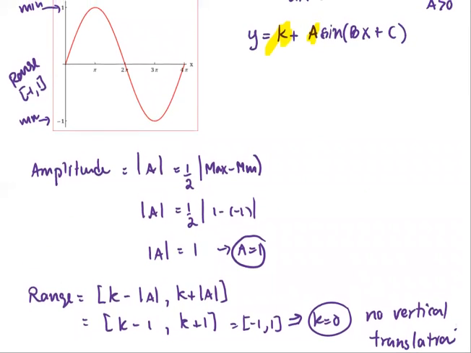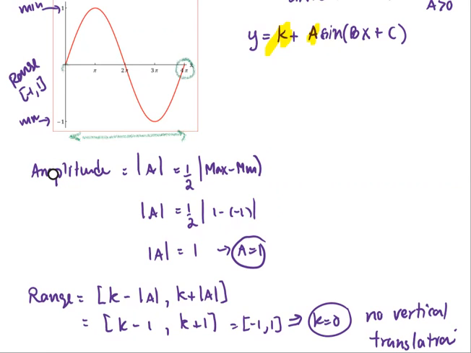Next, we're going to consider finding the value b. The b is the value that we use to compute the period. For this problem, the period, or the length of one complete cycle, is computed by the right end minus the left end. In this case, the period equals 4 pi minus 0, or just 4 pi.